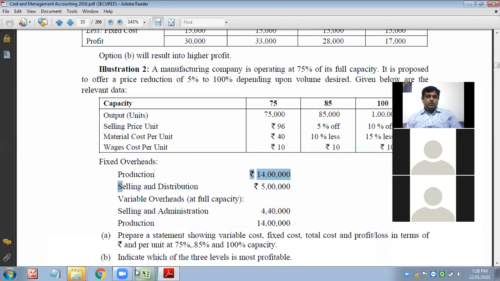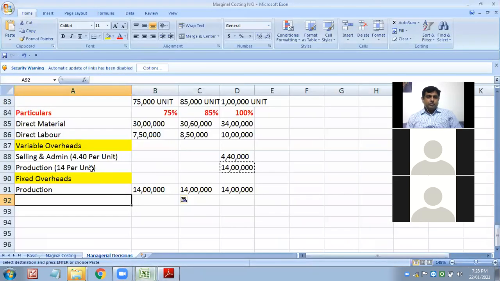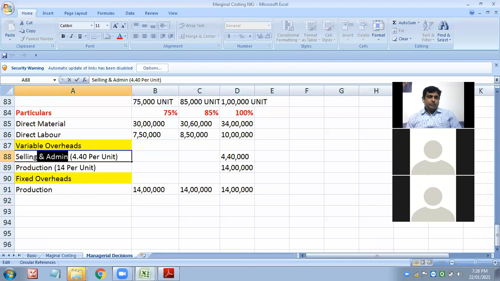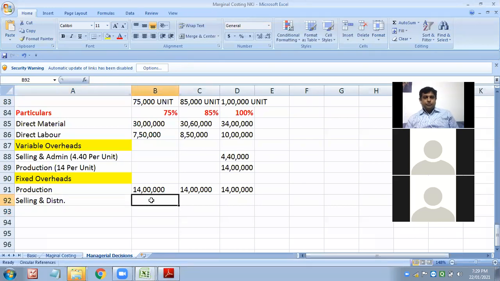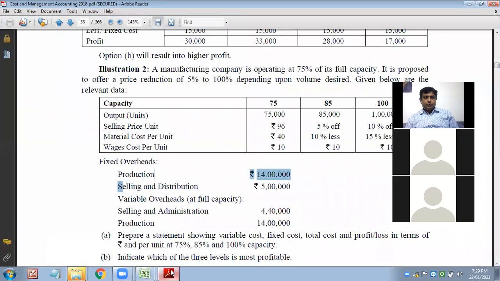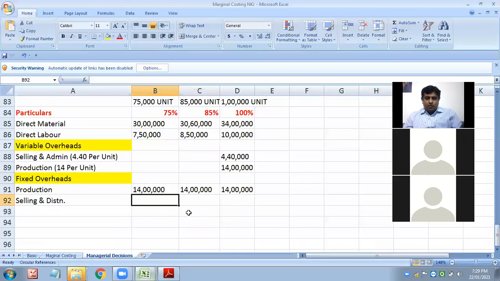Selling and distribution, 5 lakh will be constant for all.